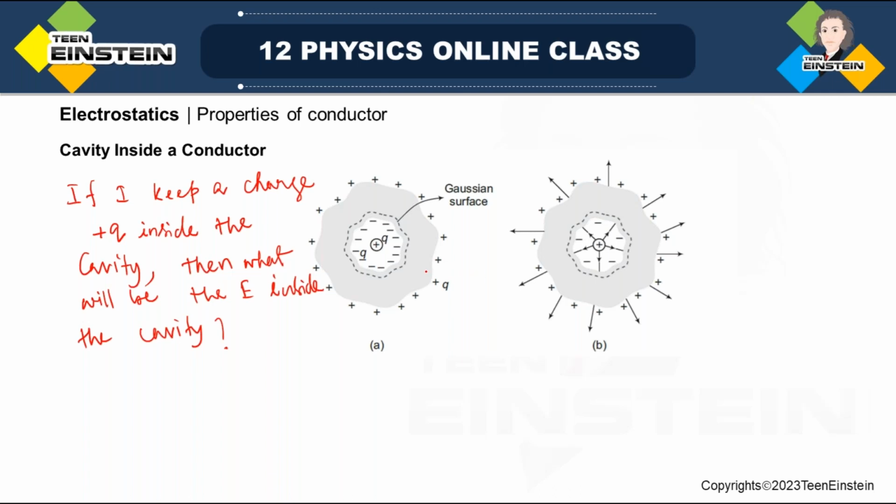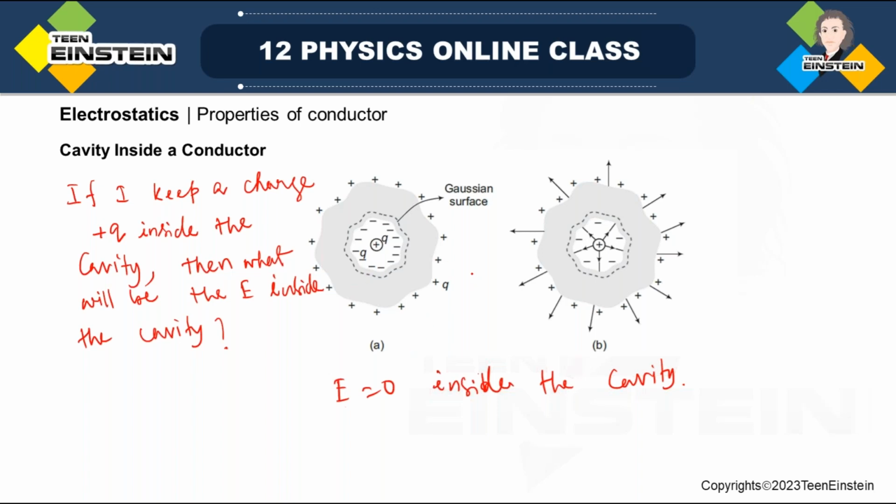Inside the cavity, if this is the Gaussian surface, what happens? Actually, the electric field will be zero inside the cavity. How do you analyze that?